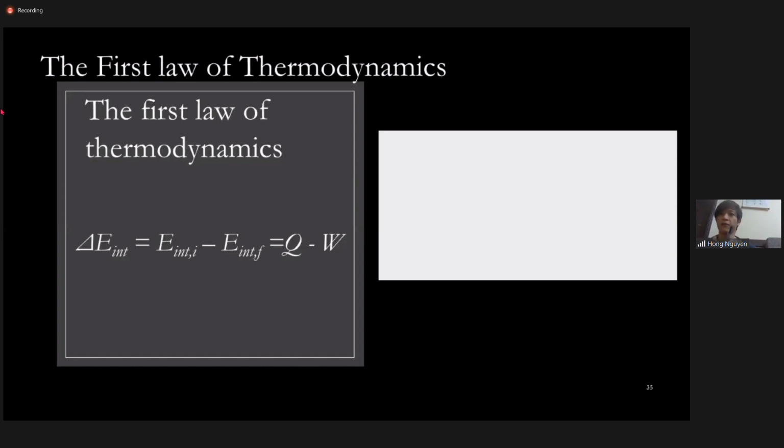That's why we have the first law of thermodynamics. So this is the first law. We have the change in the internal energy, which will be equal to the heat added to the system minus the work done by the system. Please remember the sign.